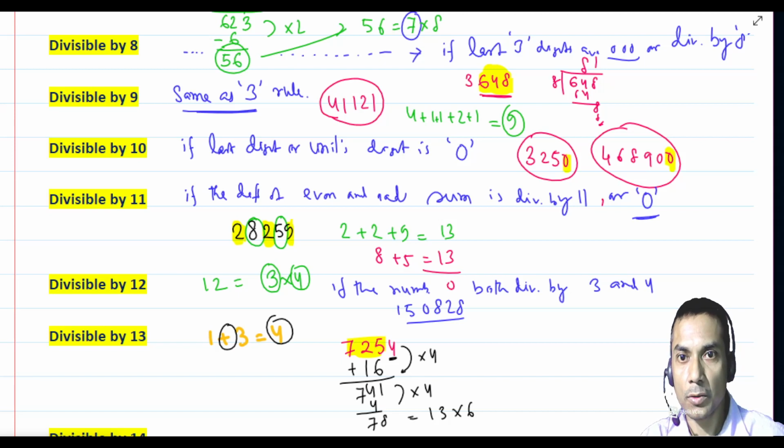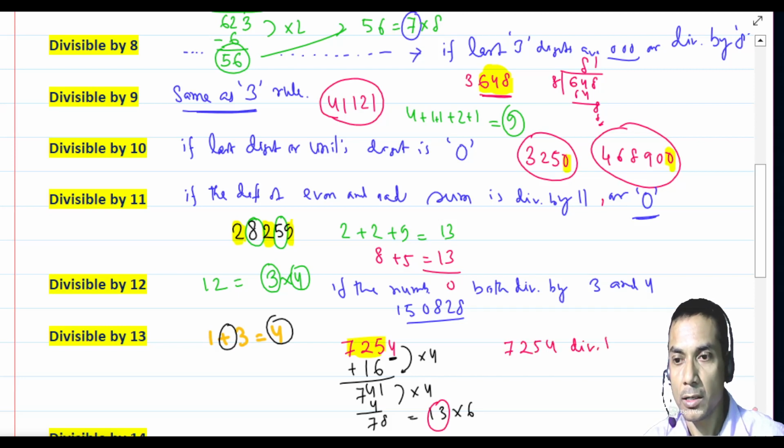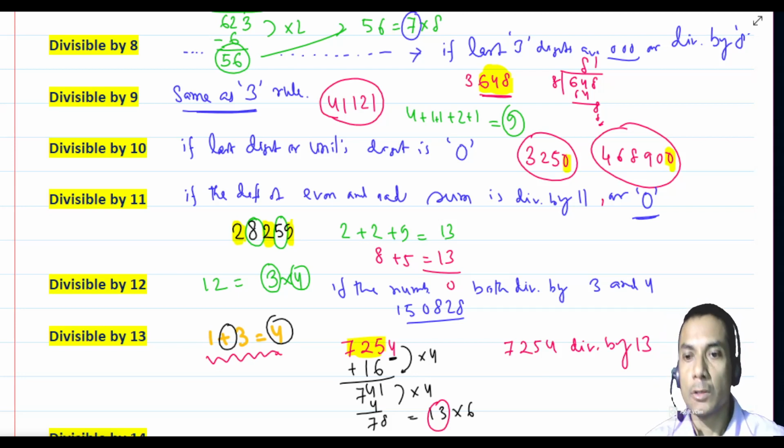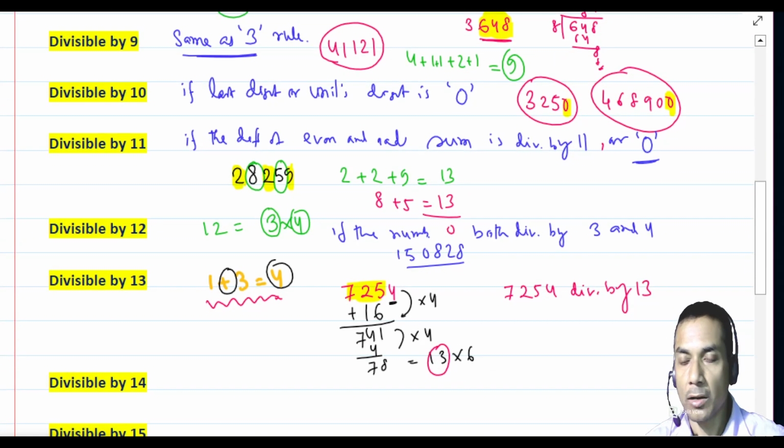So we can say that 7254 is divisible by 13. Clear? So you only have to remember this way. This is the technique to remember. Every time you link something to remember some difficult stuff, then automatically you never forget. Okay.